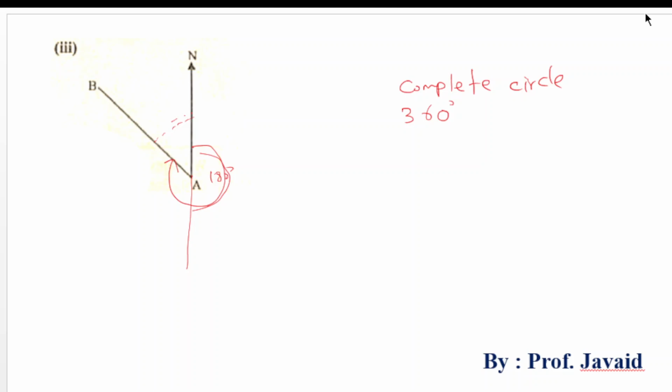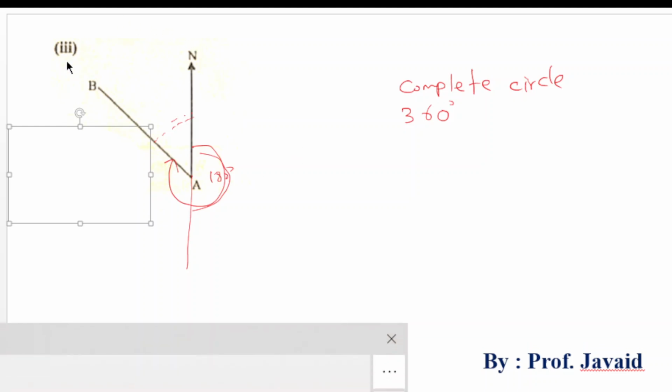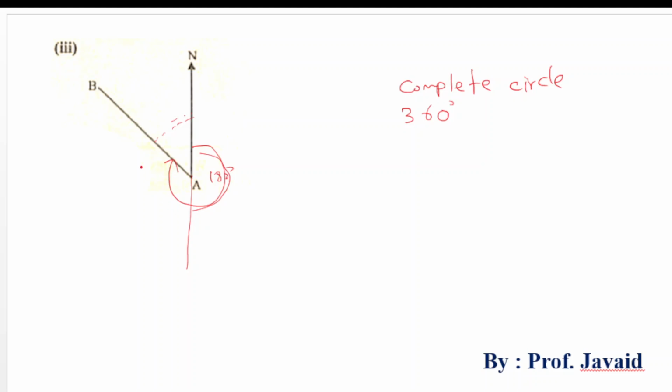So this angle is basically, as I found, 180, and this is 45 degrees. So as I found already, 180 plus 45 will be 225 degrees, or you subtract from 360.